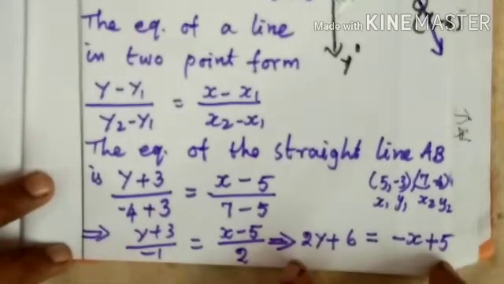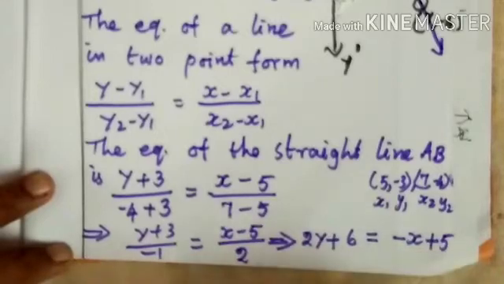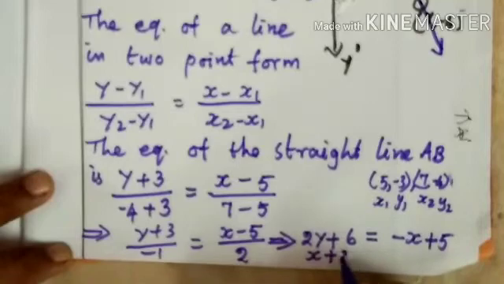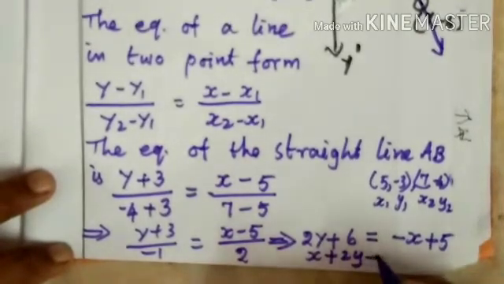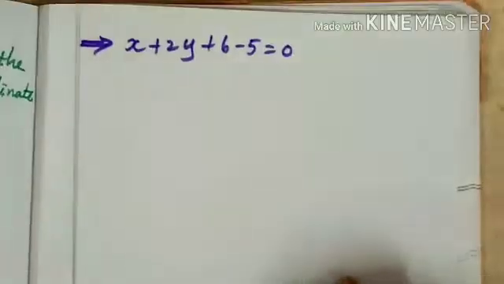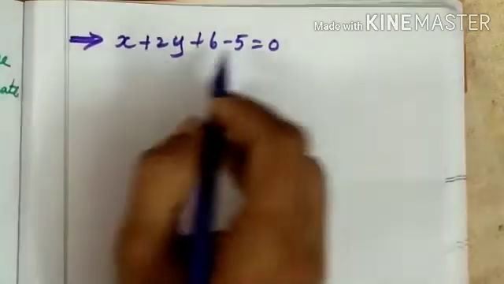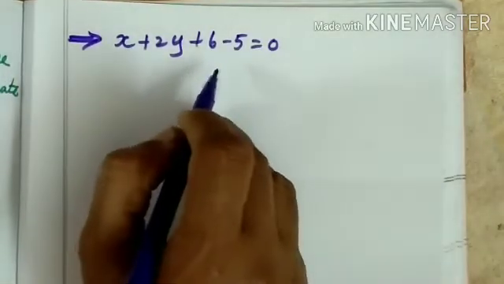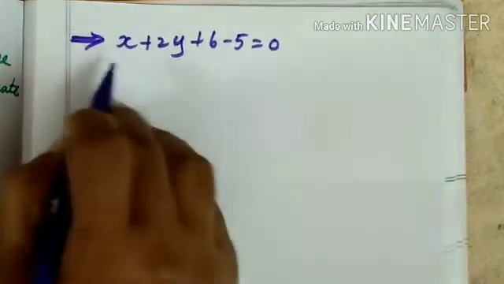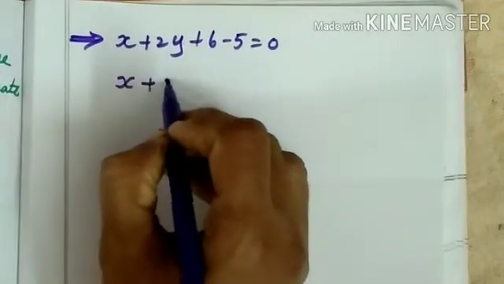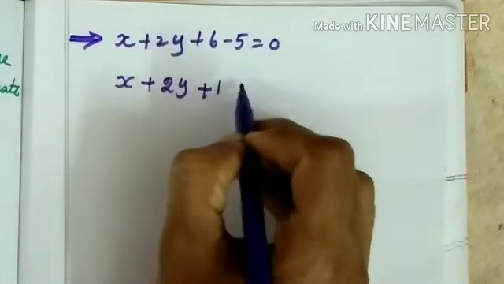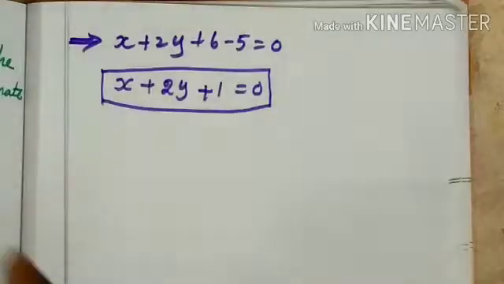Now you have to write this equation in the standard form, means we get x plus 2y plus 6 minus 5 is equal to 0. Now simplify this, means we get the equation x plus 2y plus 1 is equal to 0.